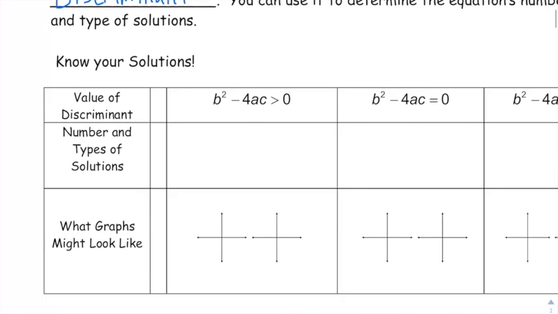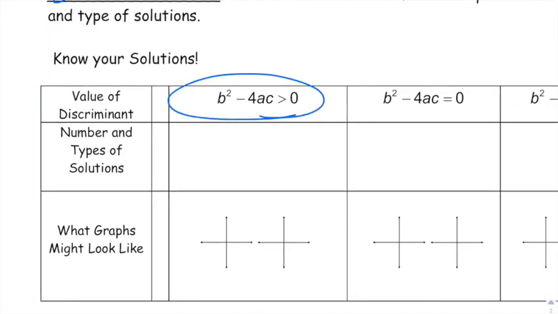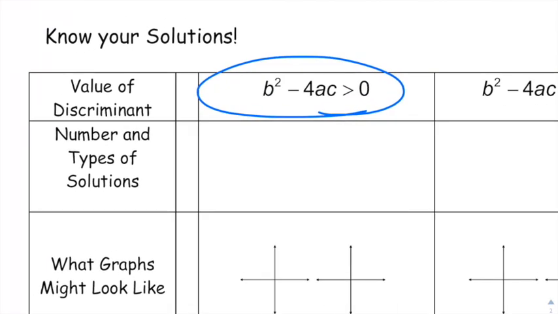All right. So if your discriminant is positive, which means it's greater than 0, usually you're going to have two solutions, and these solutions are going to be real solutions. Because here in this unit, we're going to talk about what happens when you don't get real solutions. We'll focus on it a little bit later on.